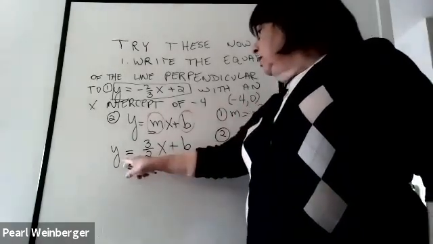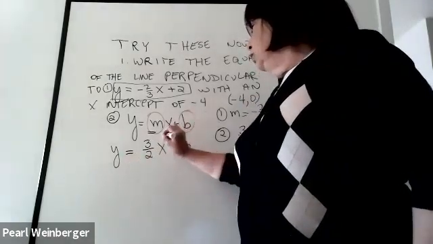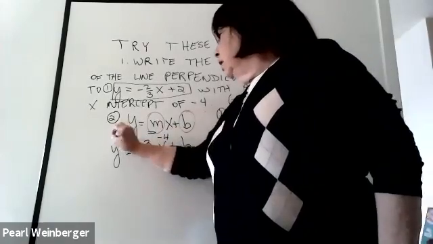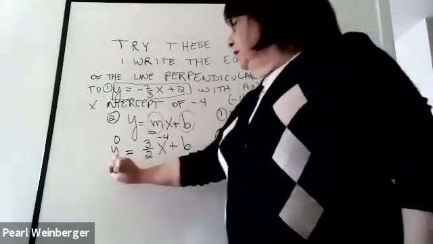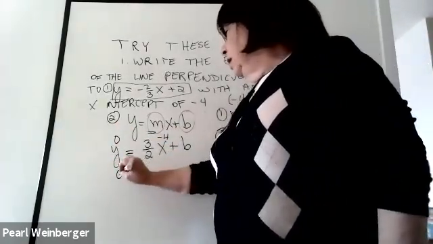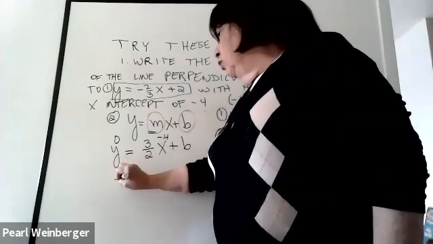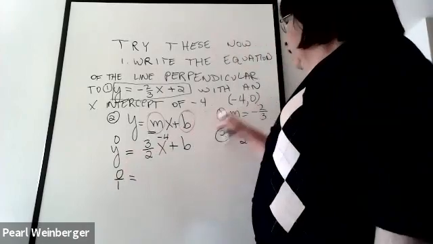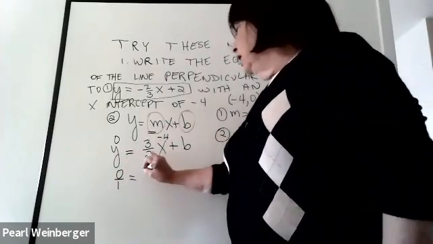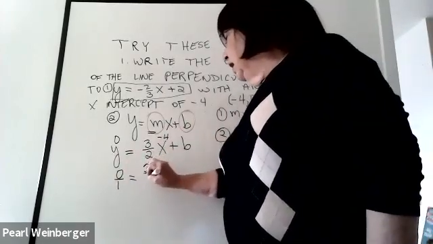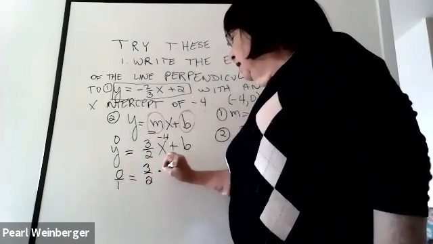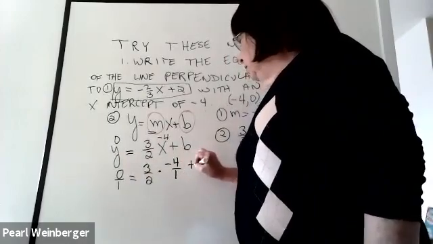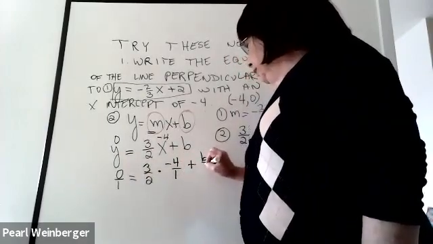So I'm going to replace the x with -4 and the y with 0, which will give me this equation: 0/1, I'm putting everything over 1 so that we don't mix up our fractions and our whole numbers, equals 3/2 times -4/1 plus b/1.